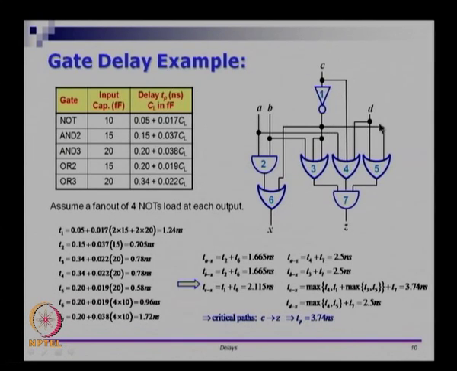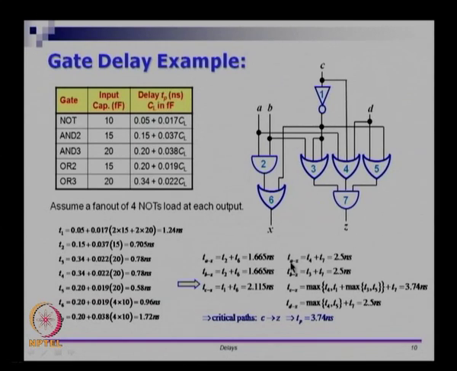So, you look at this input, it goes to T5 and this also goes to T3. So, maximum of T3 comma T5 plus T1 is the delay due to the path going through the inverter. T4 is the path that is going without the inverter, all of them go through T7. So, if that is the expression eventually we get, and if you do the arithmetic it will be 3.74.